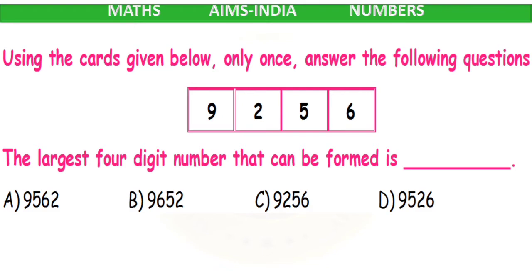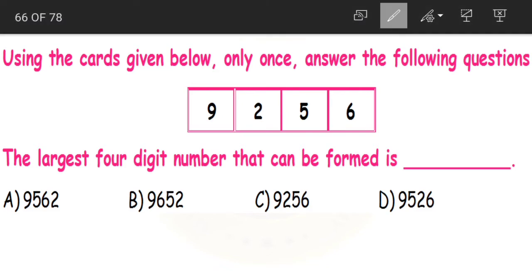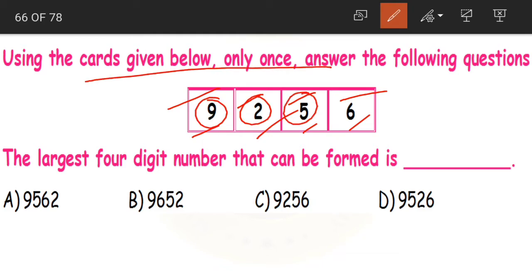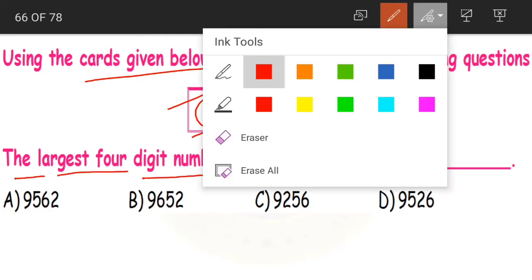Next question. Using the cards given below, only once, answer the following questions. Now, we are given 4 digits, 9, 2, 5, 6. Now, the rule is the cards, the digits should be used only once. And with that, what should we do? First, we should find out the largest 4-digit number that can be formed.